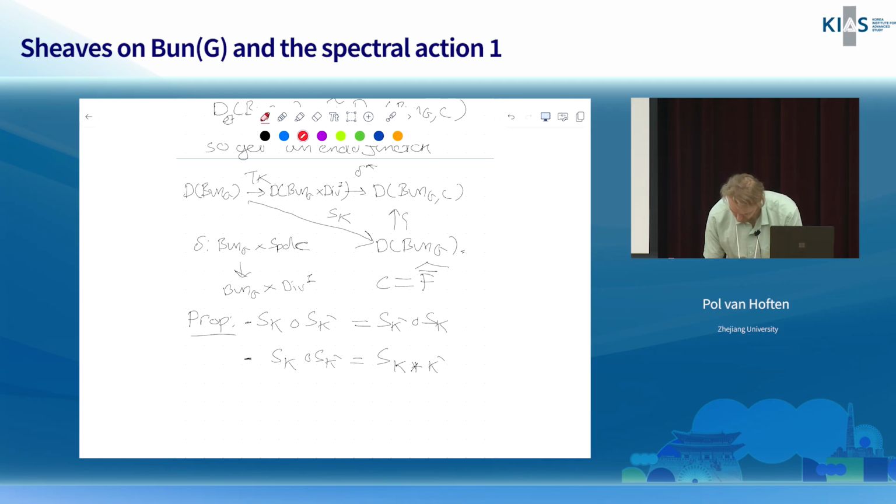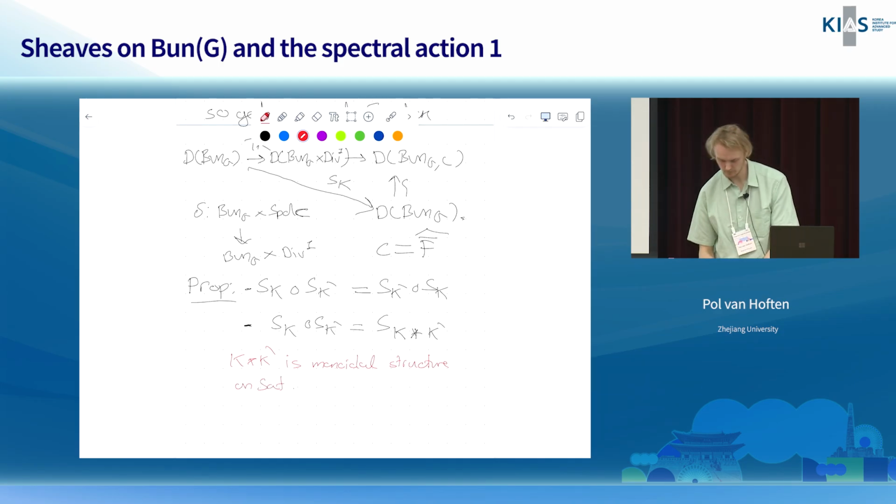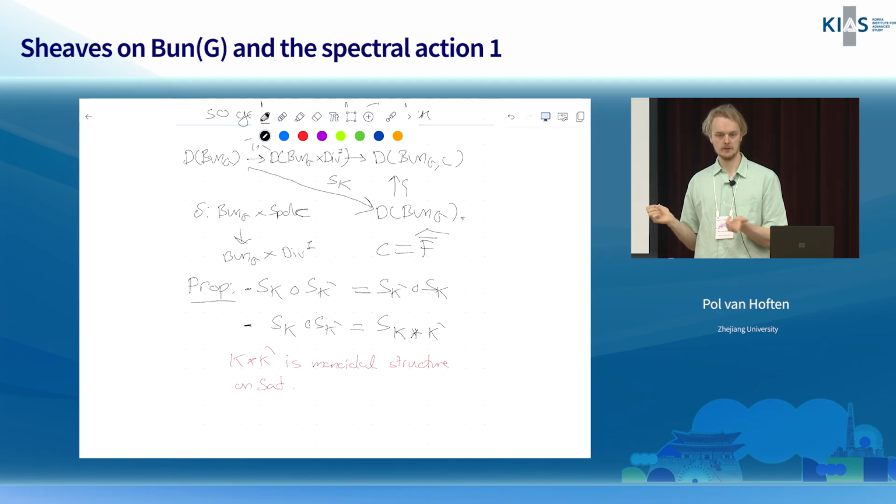So here this K tensor K' is the monoidal structure on this Satake category. So this is somehow saying that the Fourier-Mukai kernels commute with convolution, which is a reasonable thing.